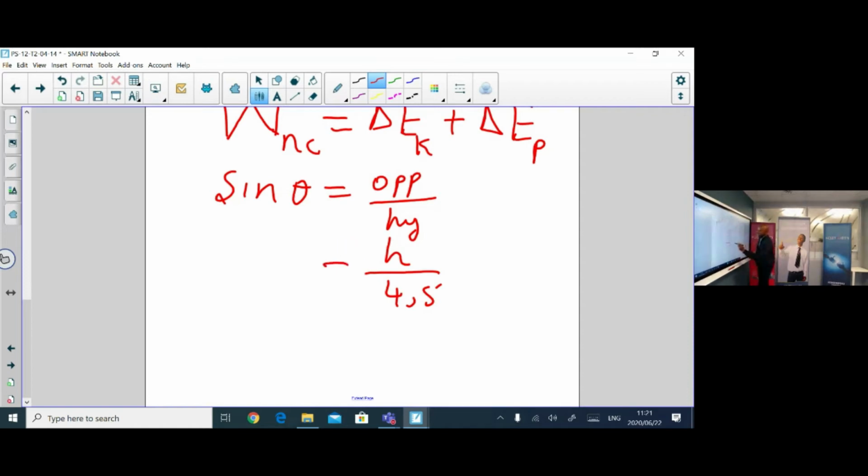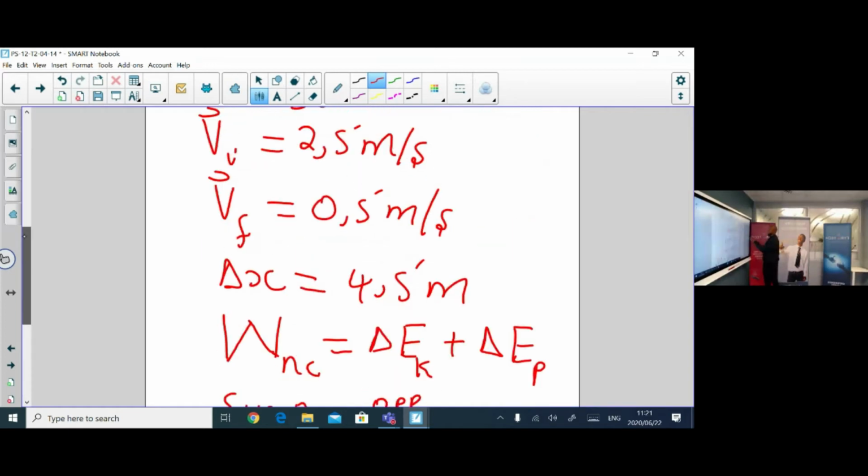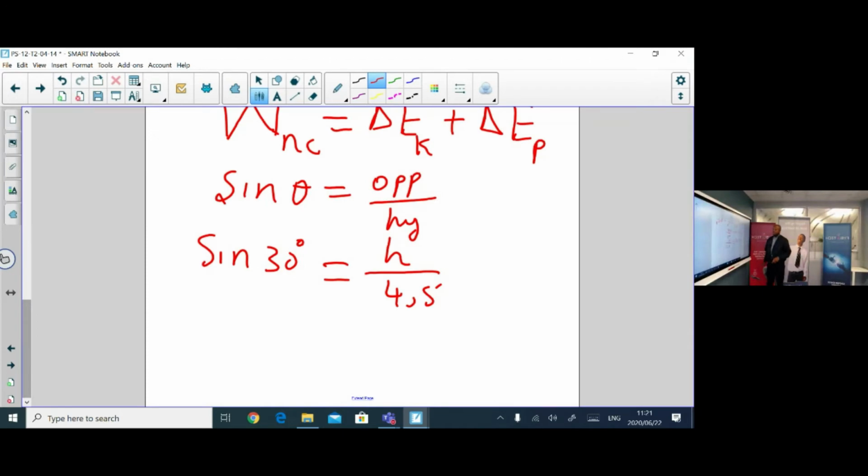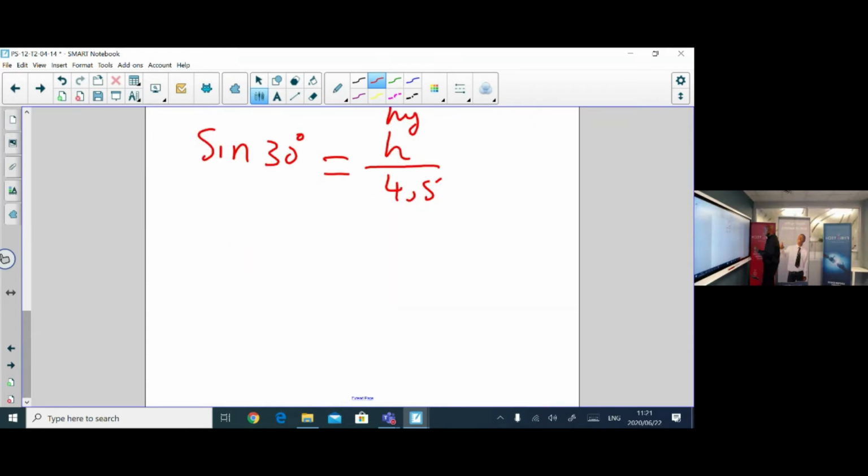Now we have to say sine 30 degrees, which is equal to opposite over hypotenuse, and the hypotenuse there is 4.5. The opposite is h. Let us make h the subject.